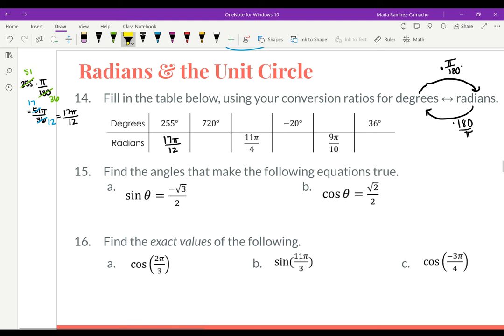Okay, now let's do 720 degrees. 720 times pi over 180. 180 actually goes into both of these numbers. 180 goes into itself once, and 180 goes into 720 4 times. So that becomes 4 times pi over 1, which is just 4 pi.